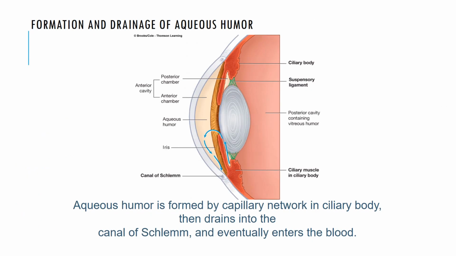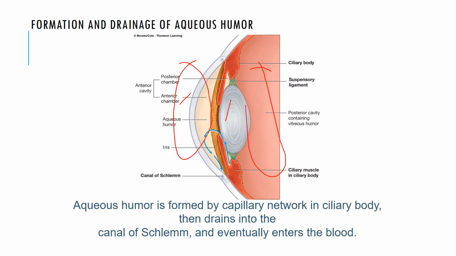So as a refresher, we have 2 different chambers within the eye. We have the anterior chamber, and then we have the posterior chamber. So the anterior chamber is a clear watery liquid that's secreted by the ciliary bodies, and it helps to provide nourishment for both the lens and the cornea. And then this will drain into a scleral venous sinus called the canal of Schlemm, back into the bloodstream.